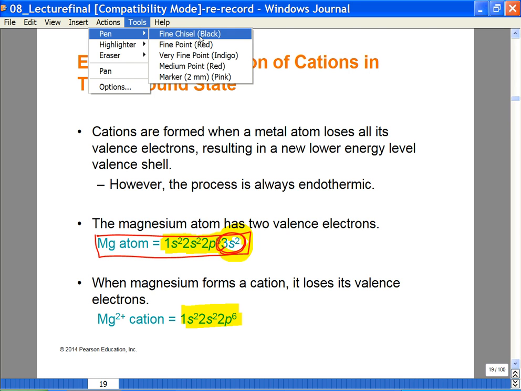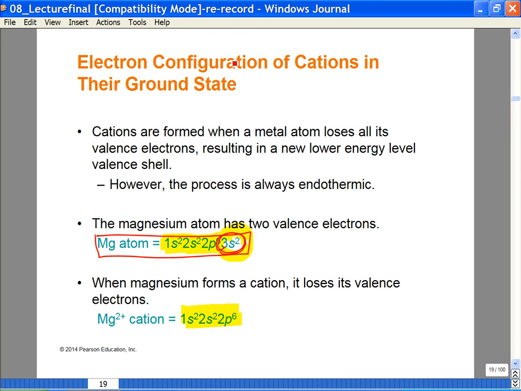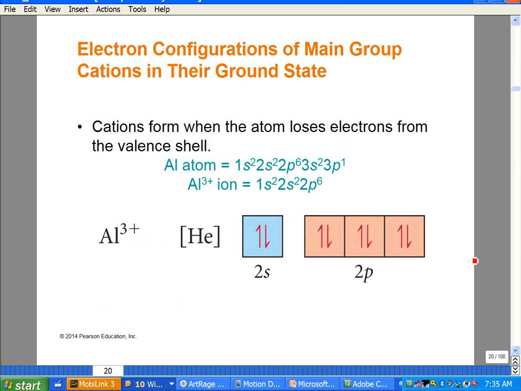Similarly, for aluminum, this is just 2 separate ways of writing where the electrons are in aluminum. This is the orbital diagram here, and this is the electron configuration. Remember, when we remove electrons from an atom, we always remove them from the valence shell first before we start to remove them from the lower energy levels.